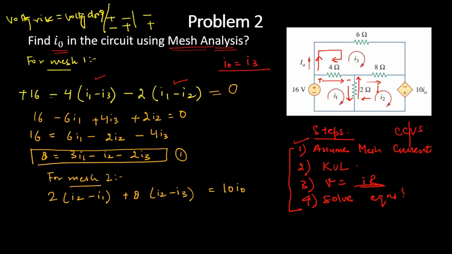Just you can say, write the next step, 2I2 minus 2I1 plus 8I2 minus 8I3 is equal to 10. But what is I naught? So as we have told you here, I naught is nothing but I3, correct?